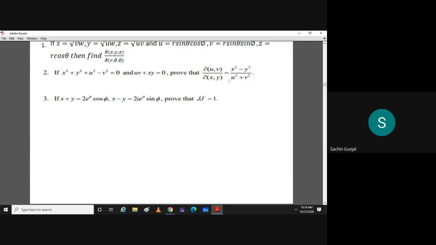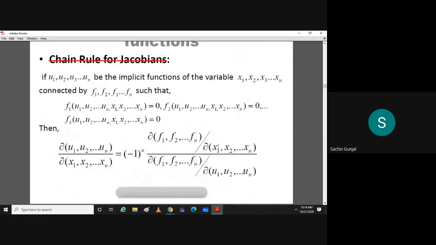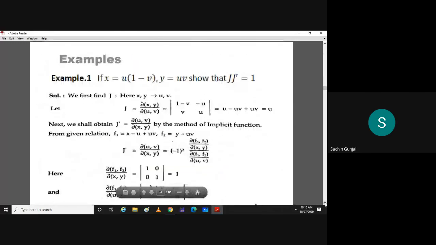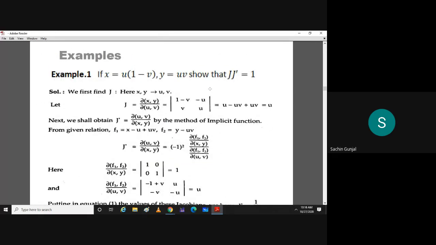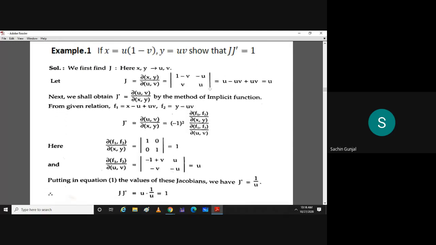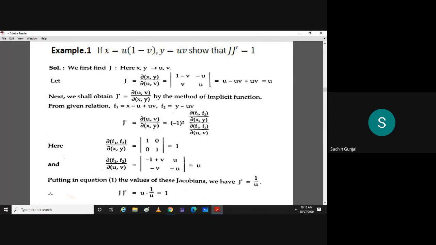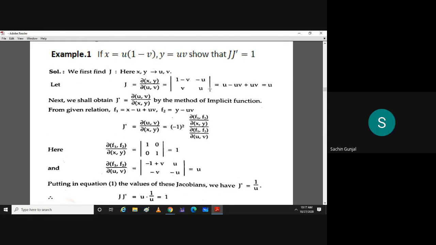So just note somewhere that you will have to use the rule of Jacobian of implicit function for this second problem. Okay. All right.